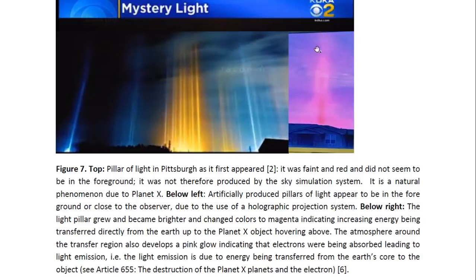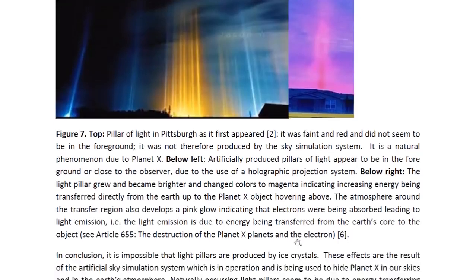And some of these electrons are absorbed by the matter in the atmosphere, and that leads to light emission. That's why we can see these pillars. And that light emission is in the violet range. So there's a lot of blue light in the sky, and that causes everything to look bluish. And you can see this house looks very blue there.